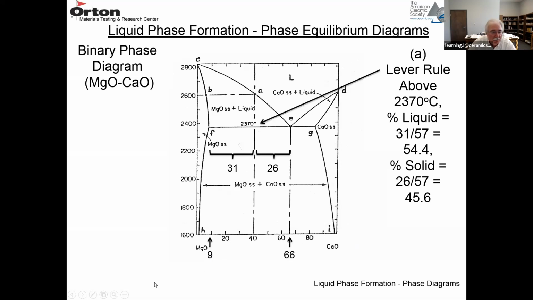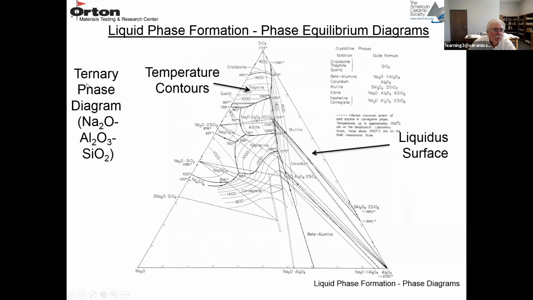The next step up from a binary phase diagram is a ternary phase diagram, and it has three components: Na2O in this diagram, SiO2, and Al2O3. So it's a ternary phase diagram for sodium oxide, aluminum oxide, and silicon oxide.